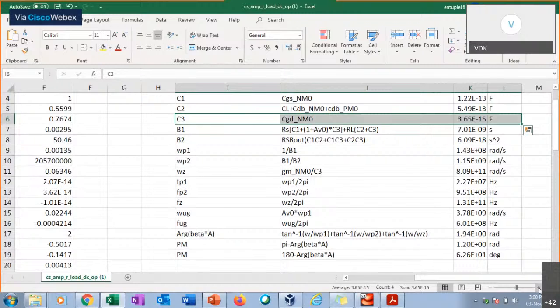We list it in the form of a denominator polynomial, which is 1 plus b1s plus b2s squared. Those of you who are a little confused on this may look up any book on frequency response analysis of amplifiers. What I'm talking about is the dominant pole approximation expressions.